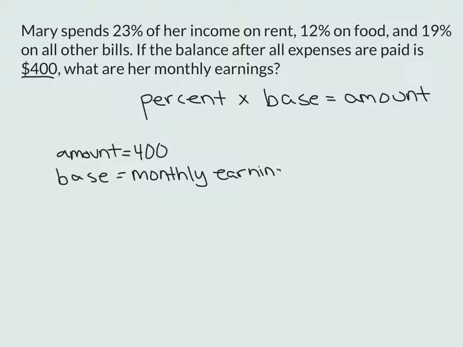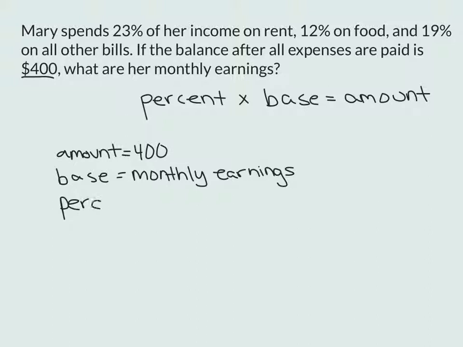Now the percentages represent her expenses. To find the percent that will apply in our equation, we need to add all of these individual percentages up to find the total percent of all of her expenses.